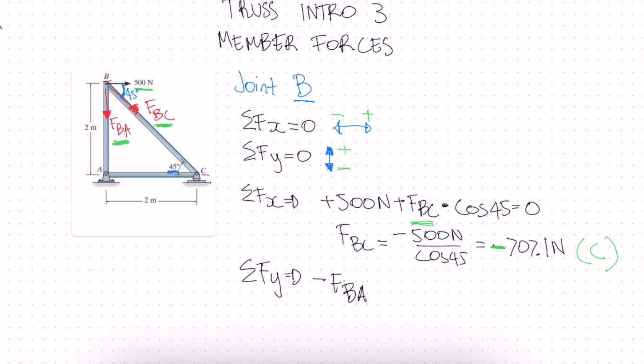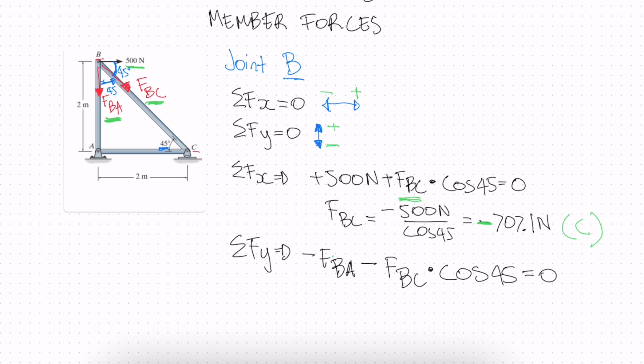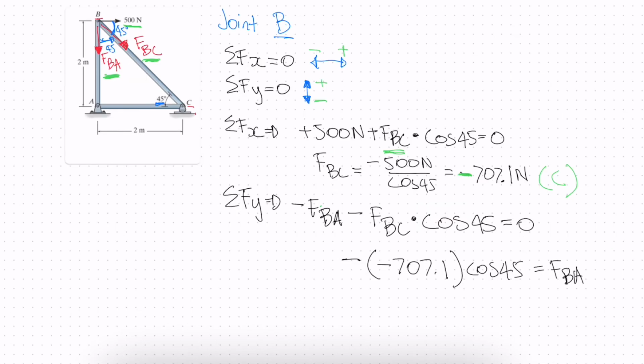We can write negative FBC multiplied by cos 45, since this angle will also be 45, and is equal to 0. If we rewrite this, this will be negative 707.1 cos 45 is equal to FBA. These negatives will cancel out and we'll be left with a positive 500 newtons is equal to FBA.